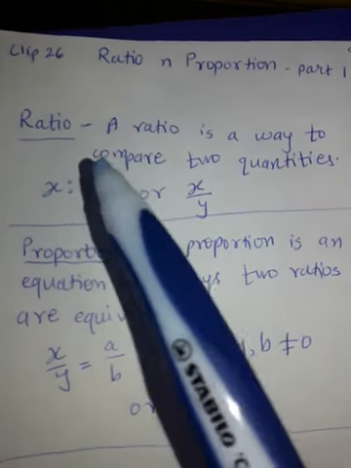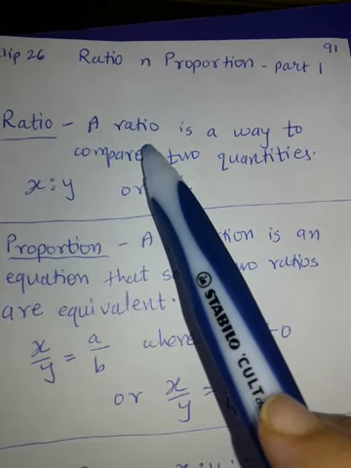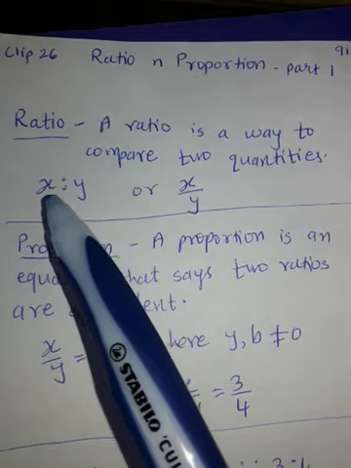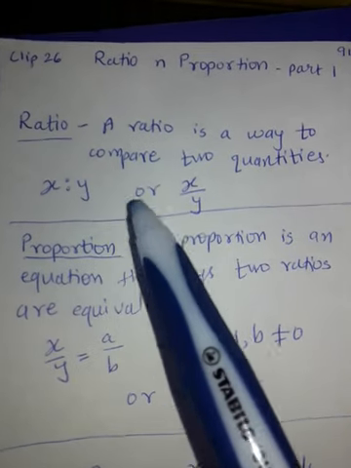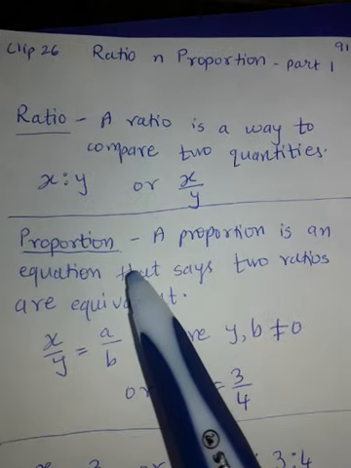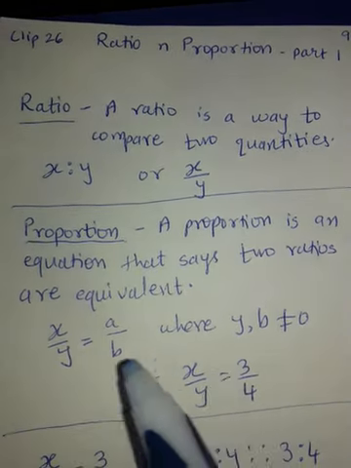So let's begin. What is a ratio? Ratio is a way to compare two quantities, and it's written in the form x is to y or x upon y. And proportion is an equation. See this equal to sign.